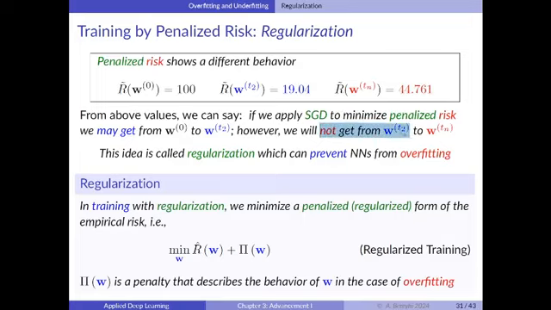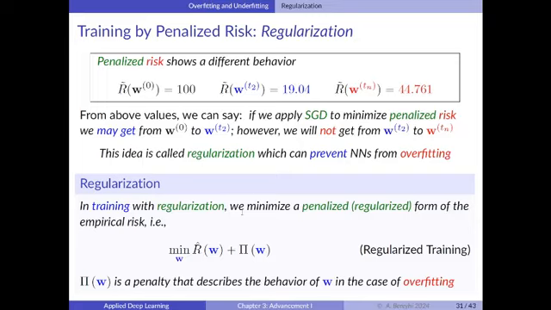We don't want to go from W2 to Wn, and by doing this we have penalized the risk using a regularization method. The method that we used is L2 regularization, because we calculated W to the power of 2.